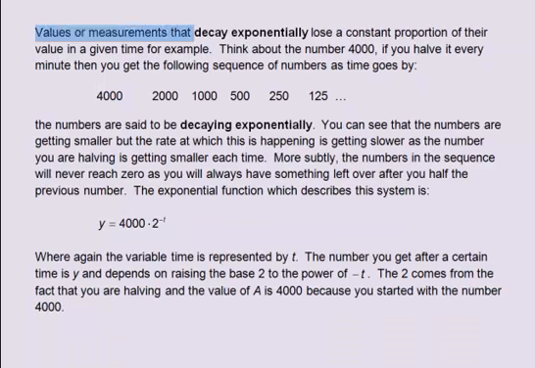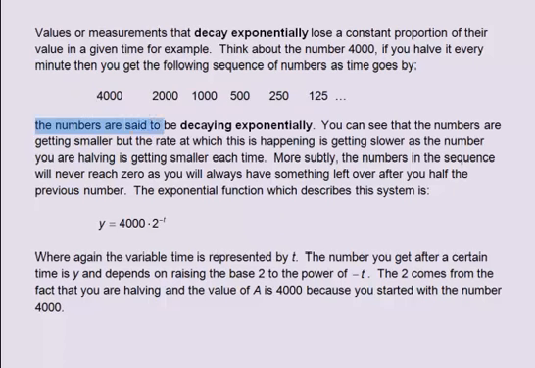Values or measurements that decay exponentially lose a constant proportion of their value in a given time, for example. Think about the number 4000. If you half it every minute, then you get the following sequence of numbers as time goes by: 4000, 2000, 1000, 500, 250, 125, and so on.